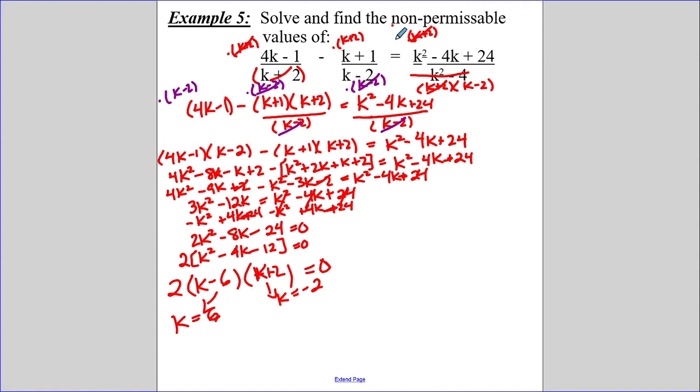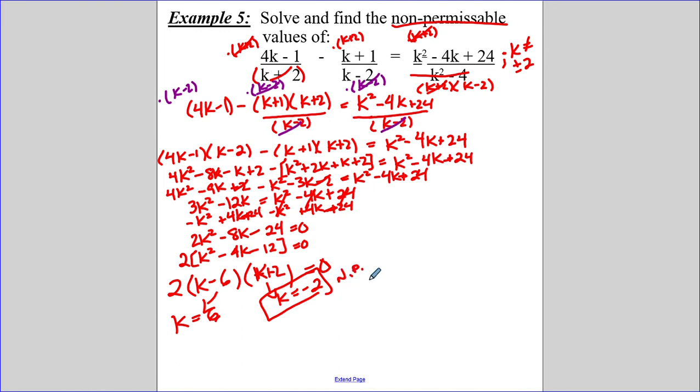But I haven't talked yet about this non-permissible value part. So if we were to go back and look at the very beginning here, at what k can and can't be, k actually can't be negative 2 or positive 2. So k can't be plus or minus 2. That means that this solution is actually a non-permissible value.